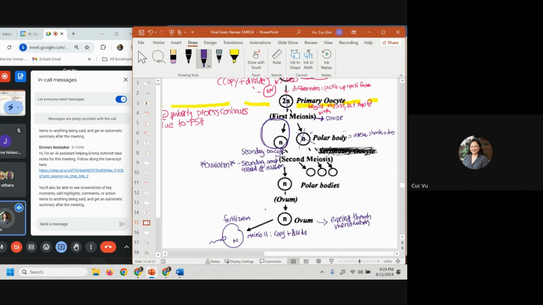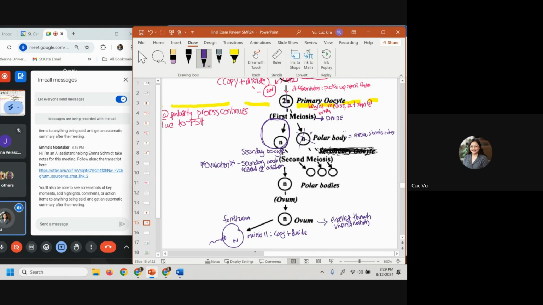So in meiosis, gametes just copy and divide in meiosis 2, even though it doesn't really need to. It has to finish meiosis 2 just by nature. Because technically, the egg already has one N, the sperm has one N, so technically that could be done, right? Yes, that is true. It could be done, but according to nature, it has to finish meiosis 2.